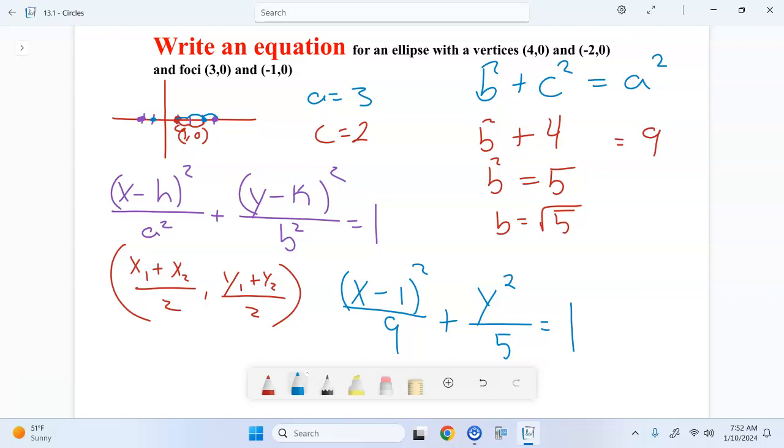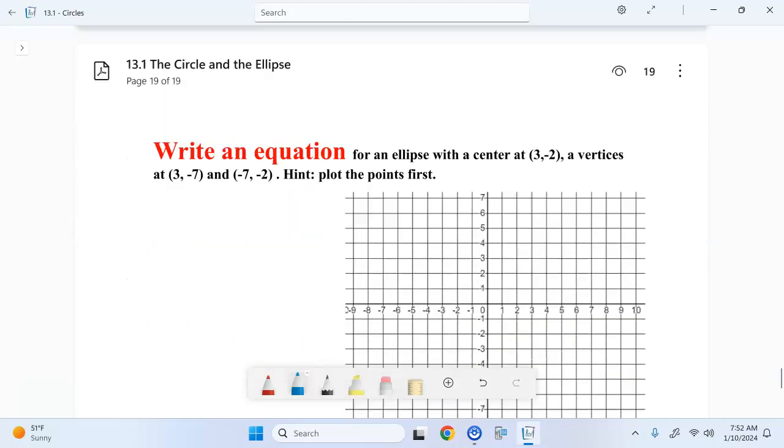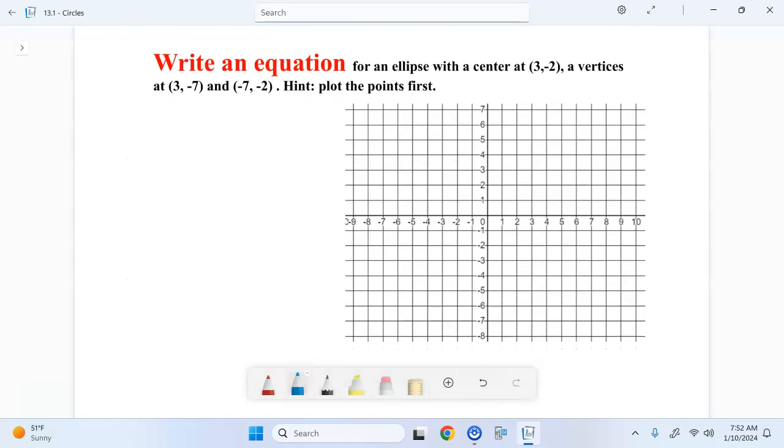Okay, uno más. This is a little trickier. This is where the diagram really comes in handy. So we have a center given at 3, negative 2, and a vertice at 3, negative 7, and at negative 7, negative 2.